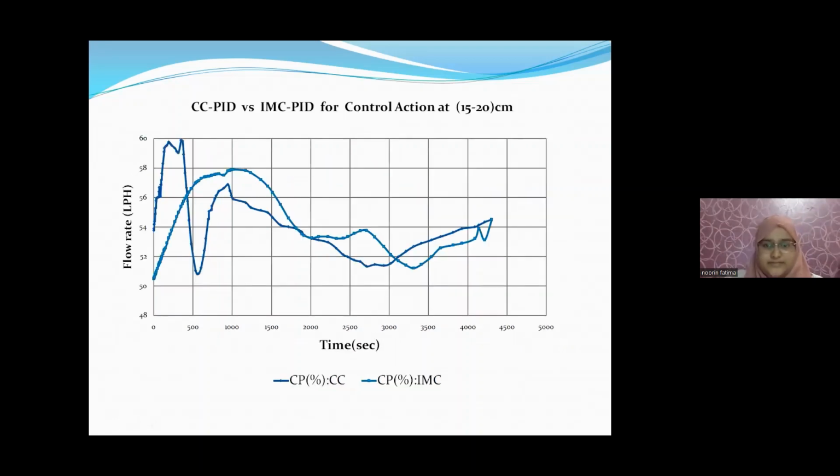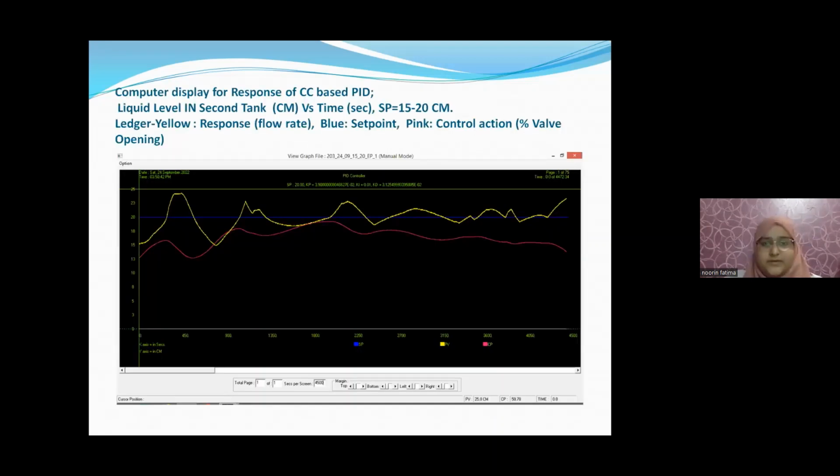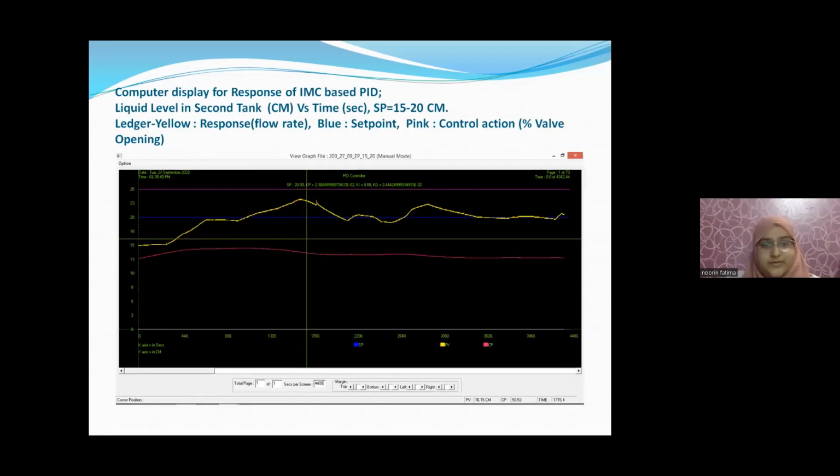And this is the control action for the change from 15 to 20. This is the computer display for the response of CC-based PID for the step change from 15 to 20. This is the computer display response for IMC-based PID from 15 to 20.